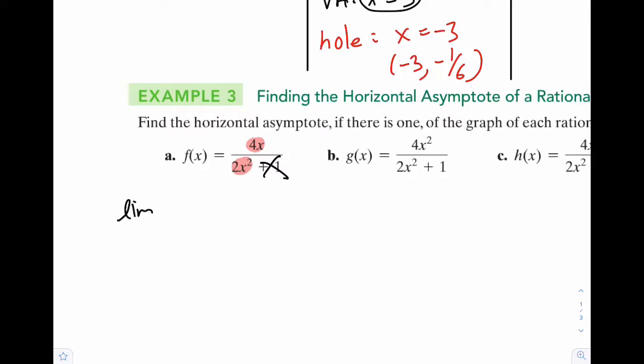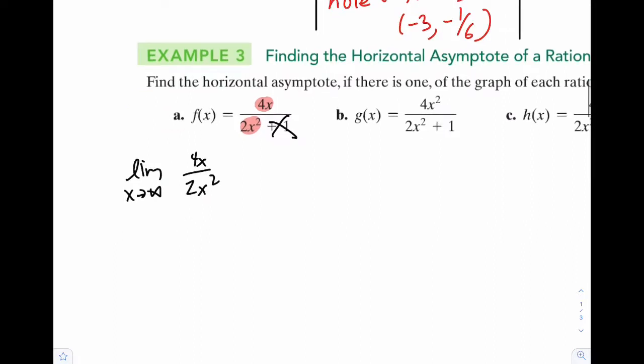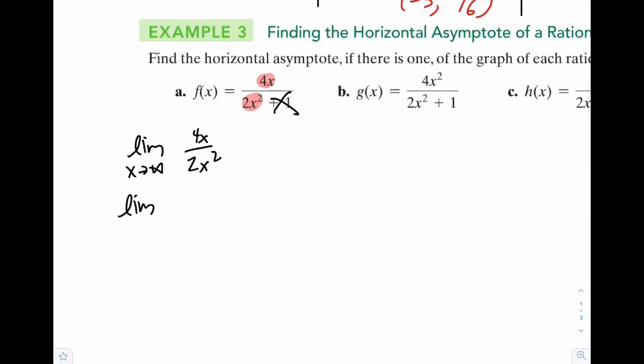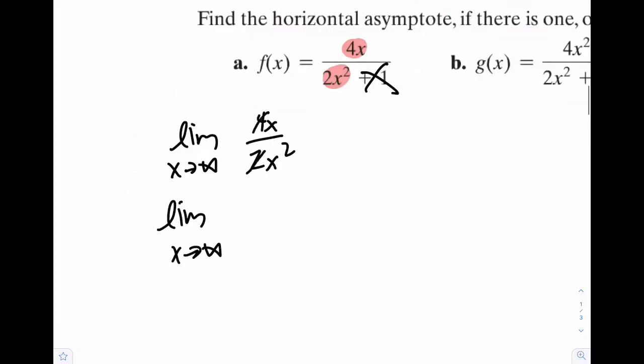So what we're really doing is we're saying take the limit as x goes to infinity of 4x over 2x squared. Now we simplify this. Well, we can see the 4 and the 2 will simplify, the x will simplify. So I'm going to get 2 over x.